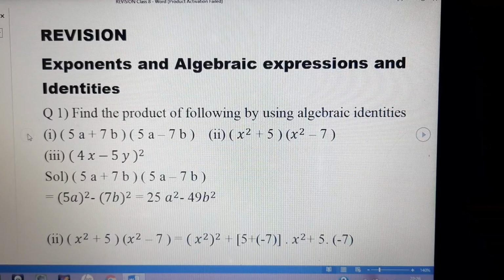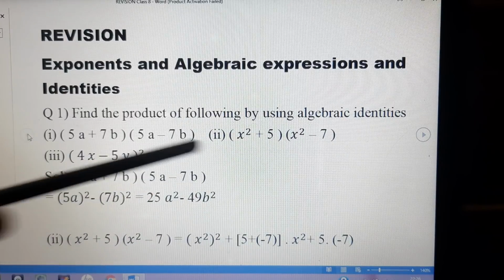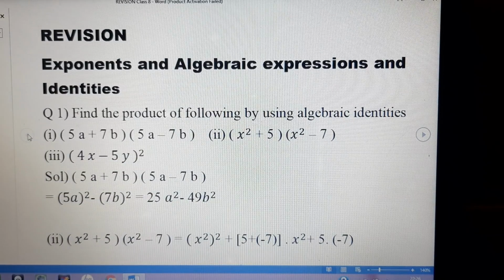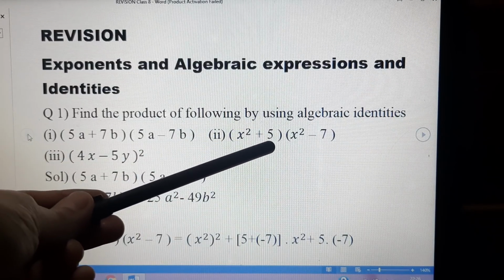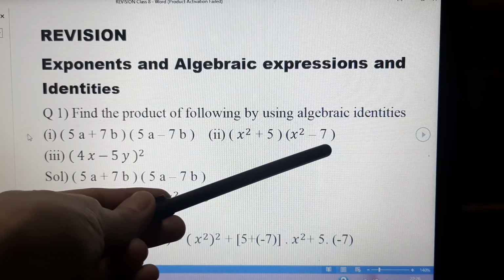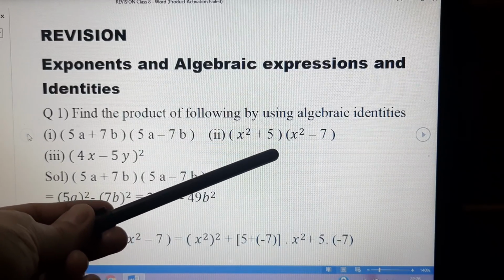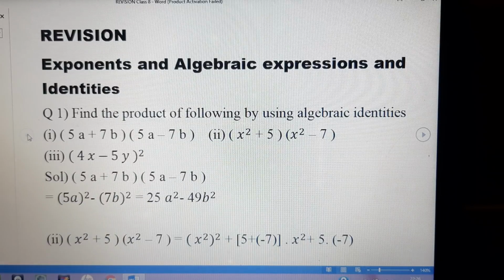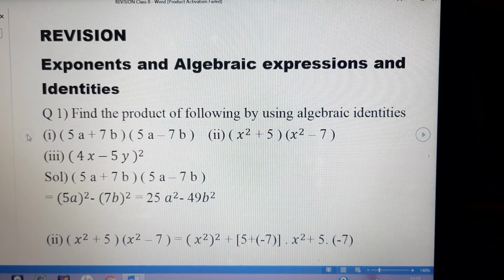In this identity, the first term is the same in both the brackets, and the other term is different. It means x is replaced by x square, a is replaced by plus 5, and b is replaced by minus 7. Clear?